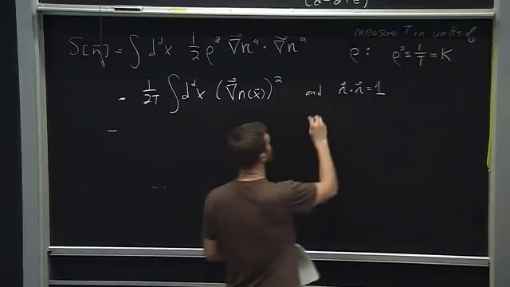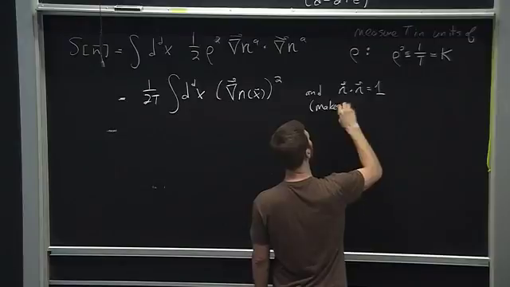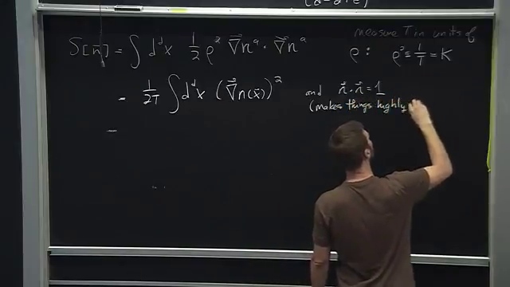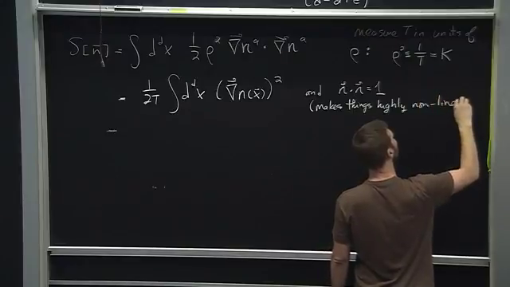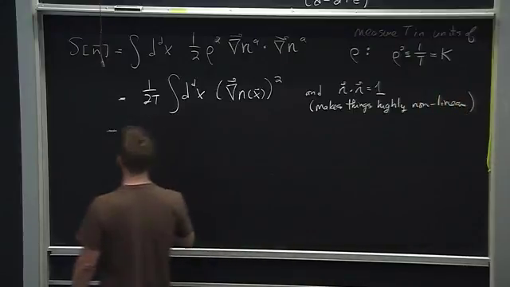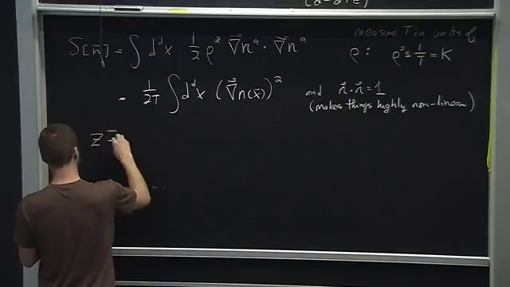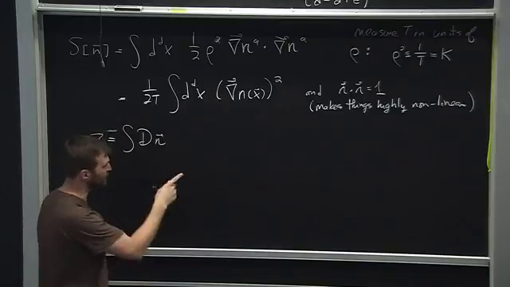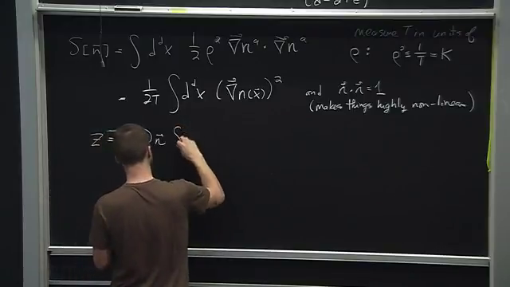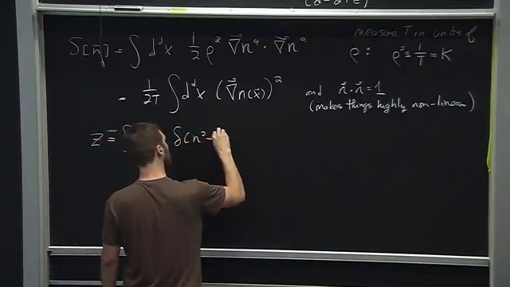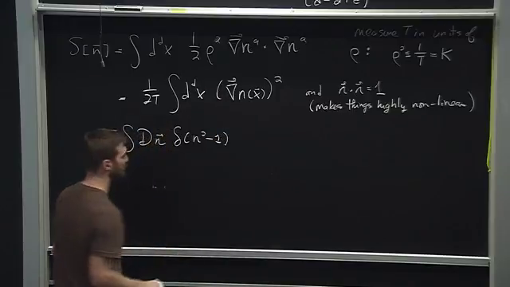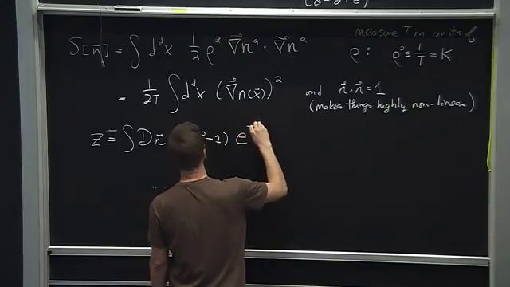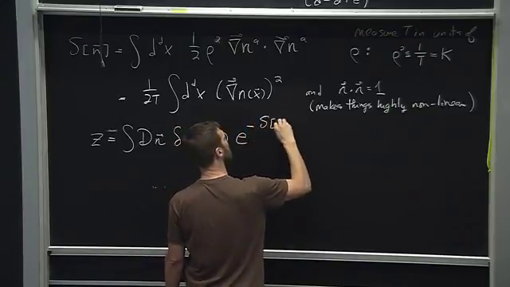So the partition function, functional integral over n, that constraint is often written as a delta function, n squared minus 1, and then e to the minus your action S of n.